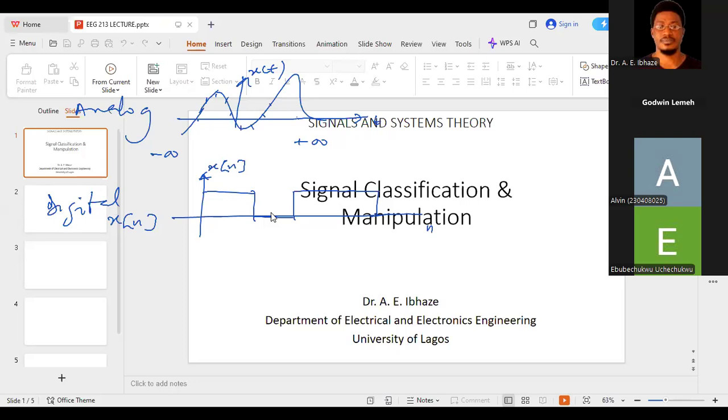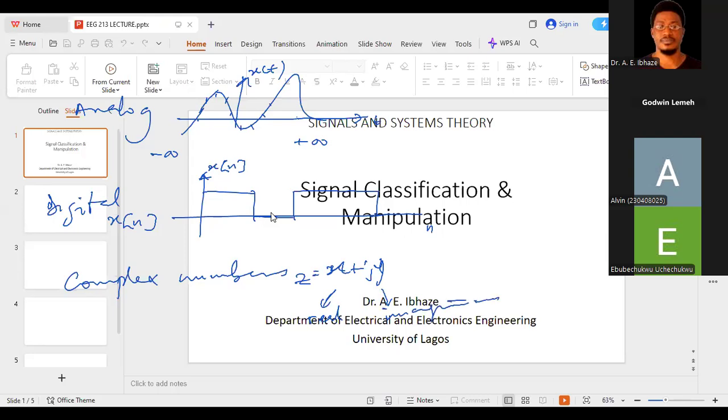Then in your elementary mathematics, you played with complex numbers, right? You say x plus j y, let's put it that way, it's equal to z or whatever you call it, where this is the real component and this is the imaginary component, right? Perfect.